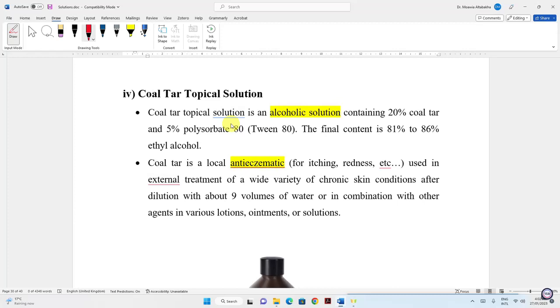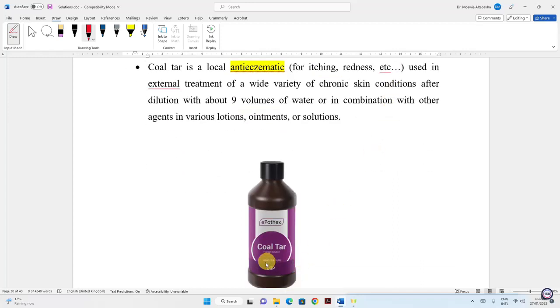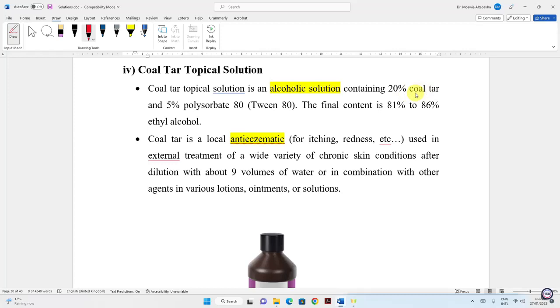It's topical again. This is very important: the official preparation, according to USP, contains 20% coal tar and 5% polysorbate, which is Tween 80. This is a surfactant. The content of ethanol in the preparation is about 81 to 86%.